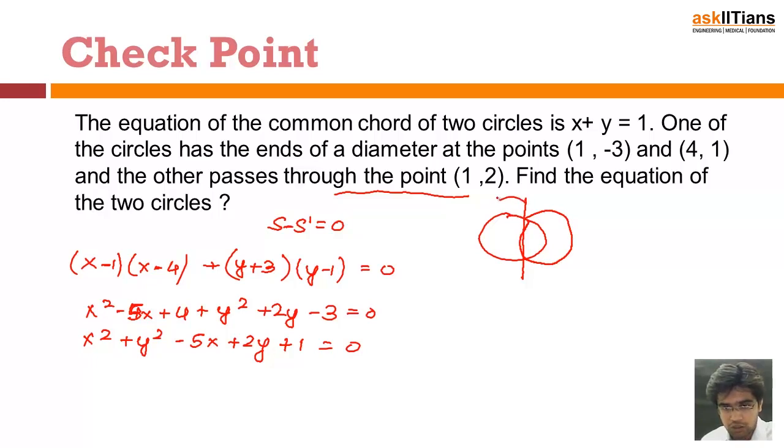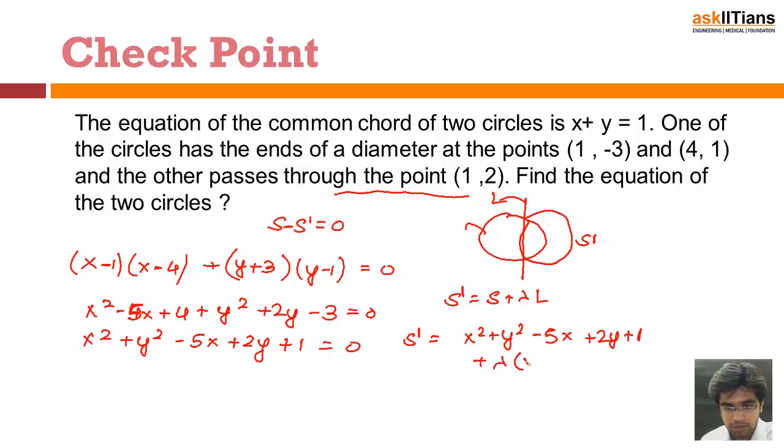I know this equation, which is L. If this is S dash, then I can write S dash is equal to S plus lambda L. This is S, that means my S dash becomes x square plus y square minus 5x plus 2y plus 1 plus lambda times (x plus y minus 1) is equal to 0.